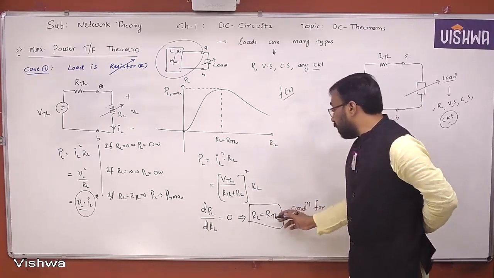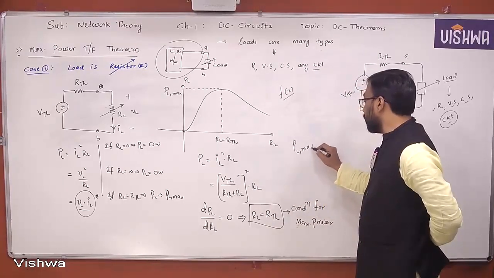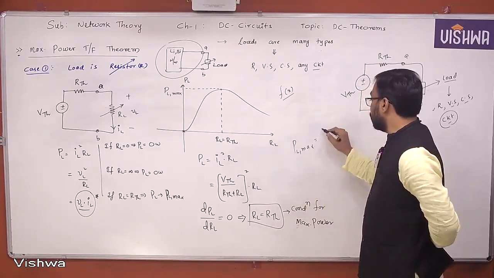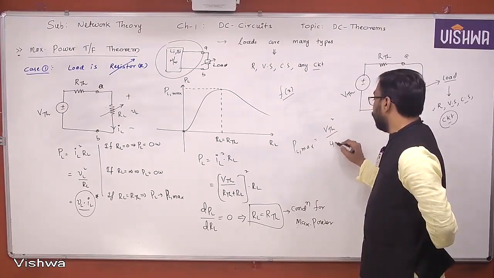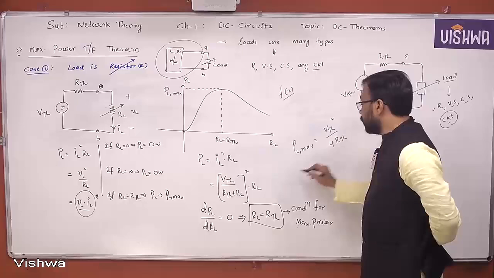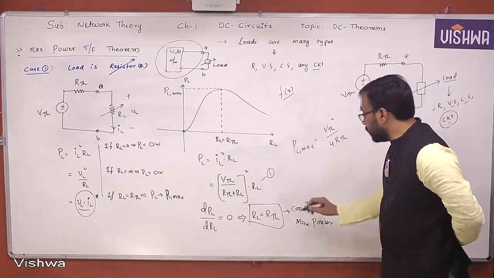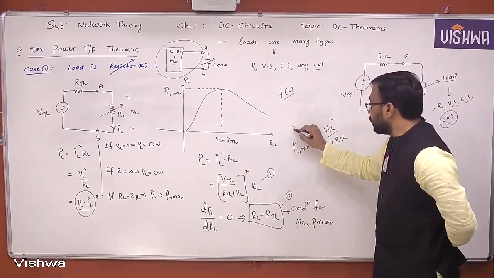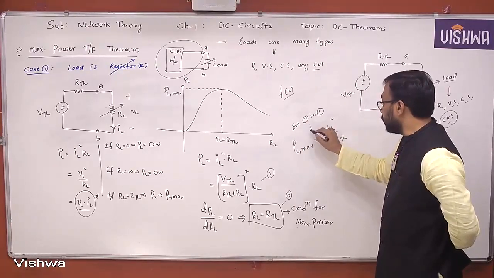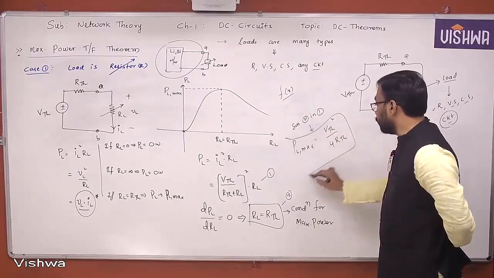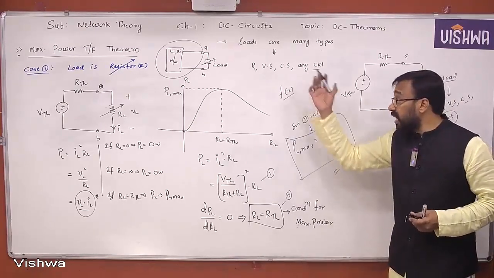Or else if you apply the same thing in this formula, then you will get PL max is nothing but VTH square by 4 times RTH. So call it equation 1 and substitute. This is 2, let us say. Now substitute equation 2 in 1, then you will get this formula. Understand all of you?